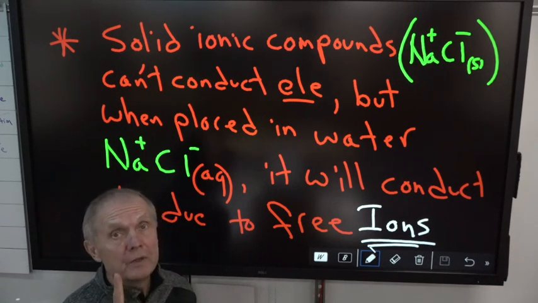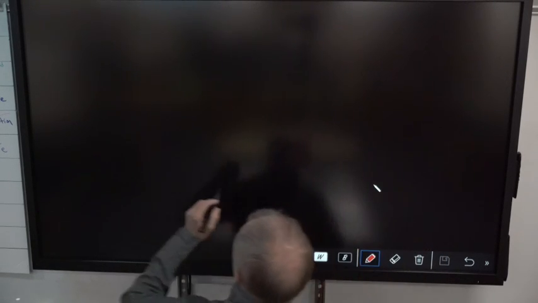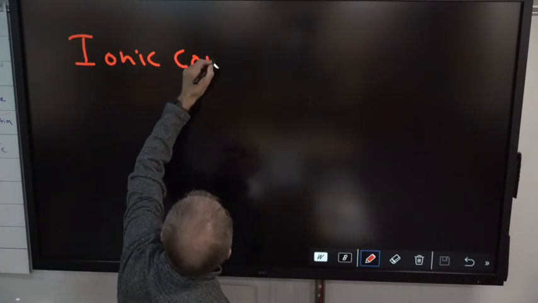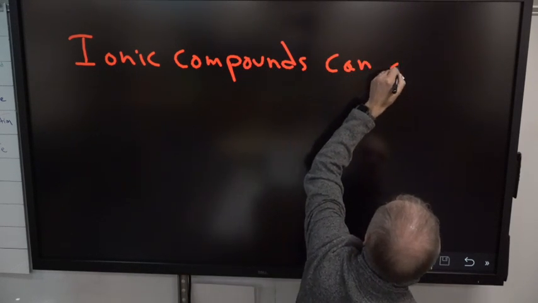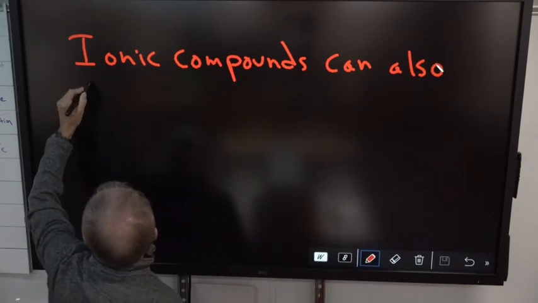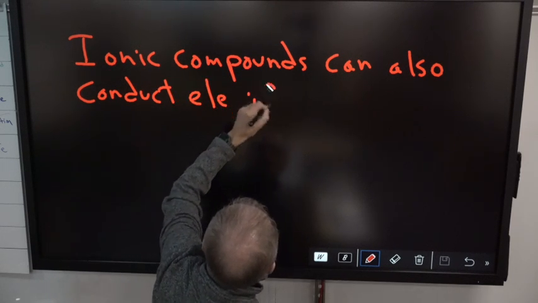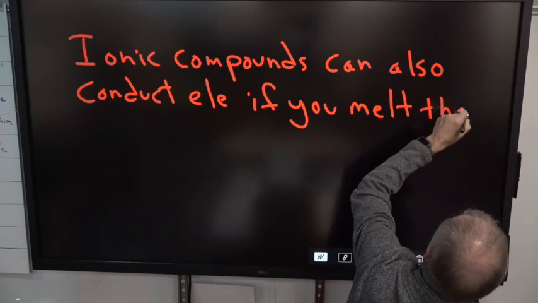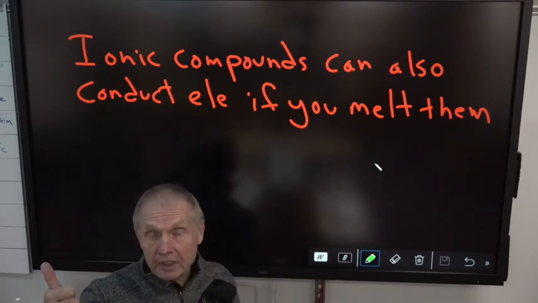and there's one more way you can make an ionic compound conduct. So ionic compounds don't conduct in solid because they don't have any free ions.